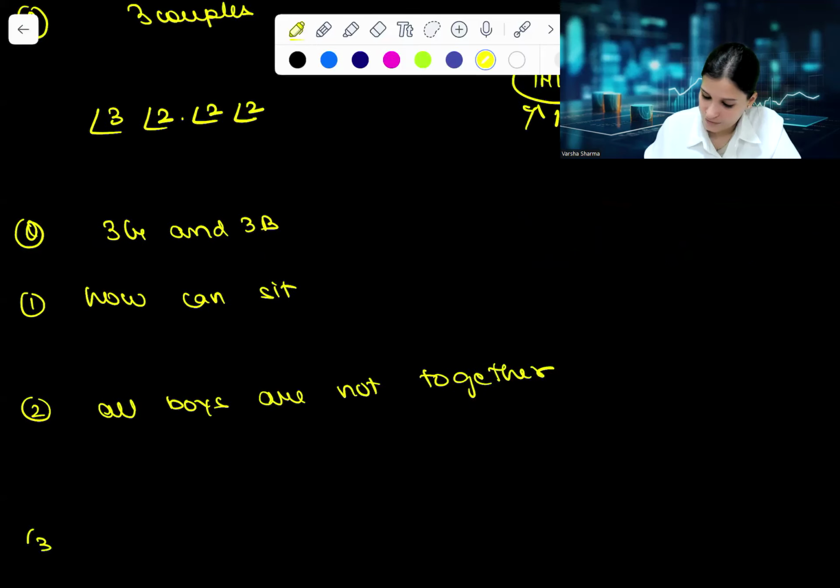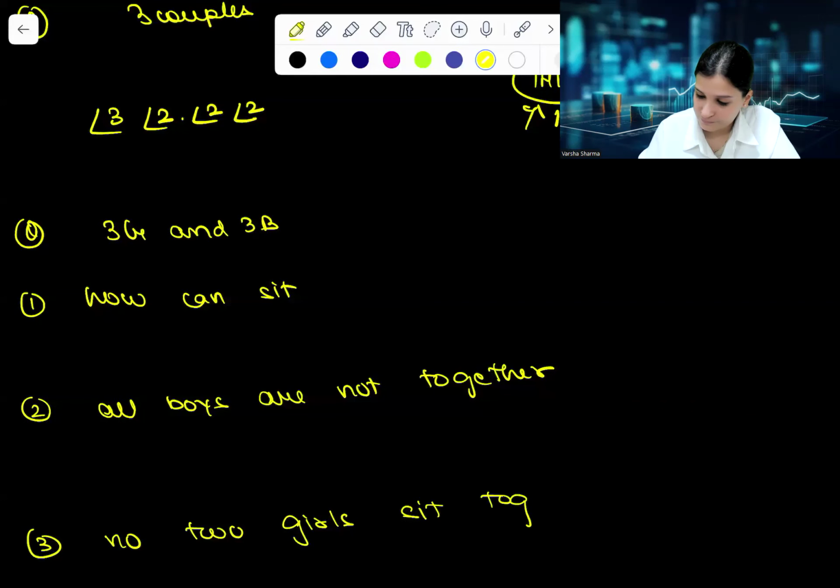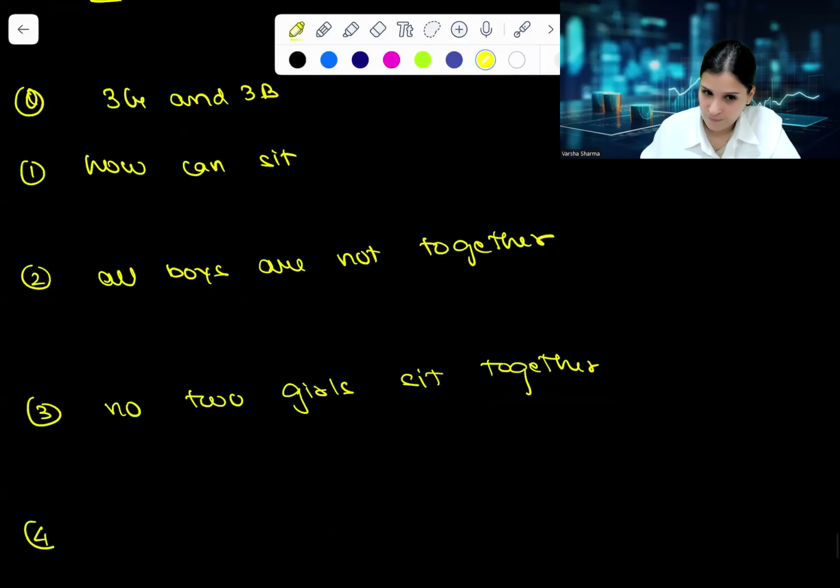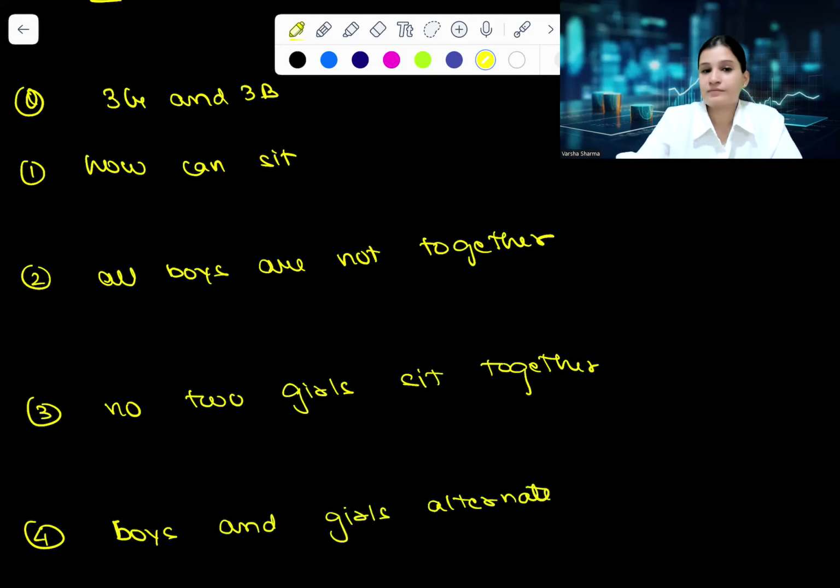Third, no two girls sit together. 4, boys and girls alternate. Right.